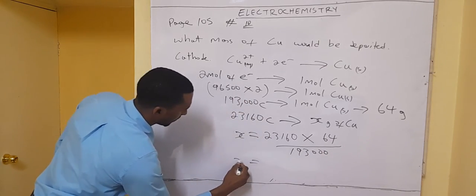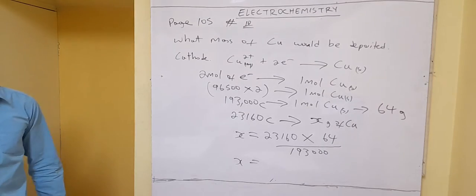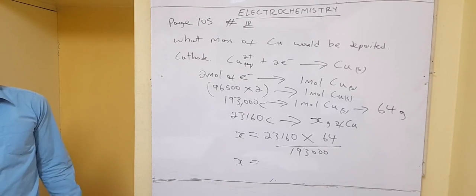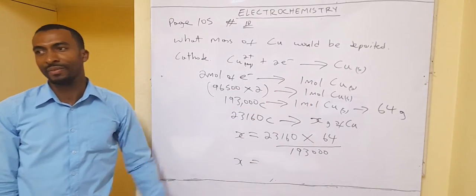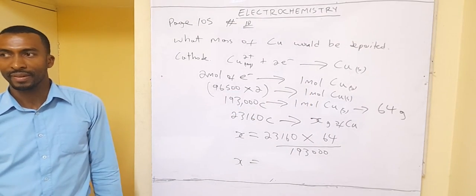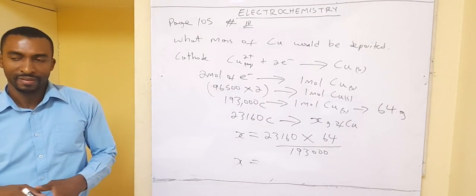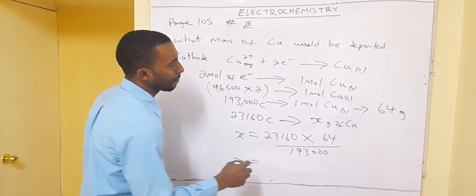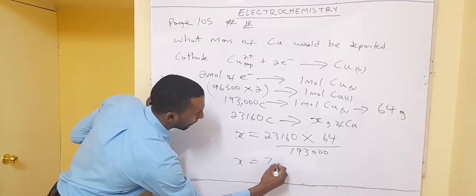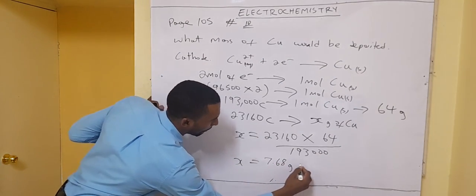And then this will give you directly the mass, if you want to do it directly to mass. But we could also calculate the moles and then convert the moles to mass. It could work just the same. If you understand mole concept, you will not be confused. So what do we get here for the mass? 7.68.